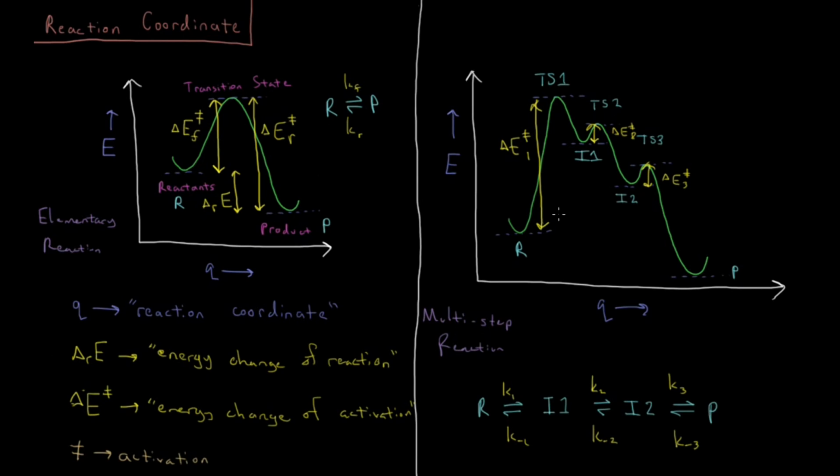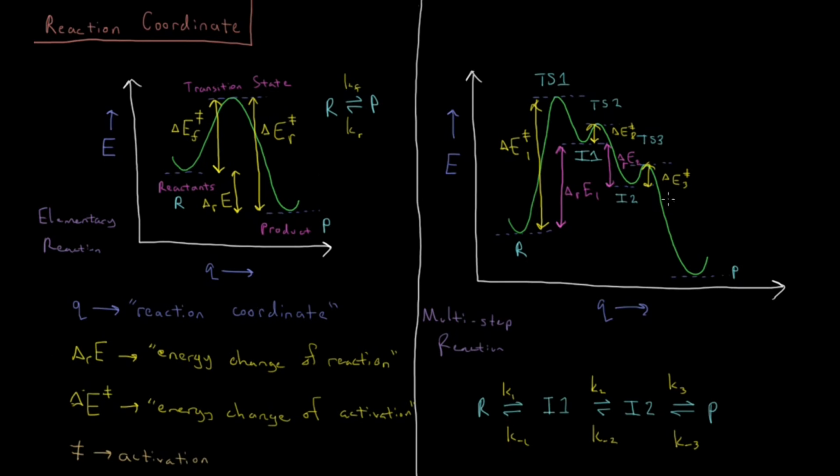Going from this reactant to this intermediate, let's see, it's getting kind of crowded. Can I use another color here? I'll use purple. Okay, so that's our delta E of reaction 1, going from the reactant to the intermediate. Delta E of reaction 2, going from intermediate 1 to intermediate 2.